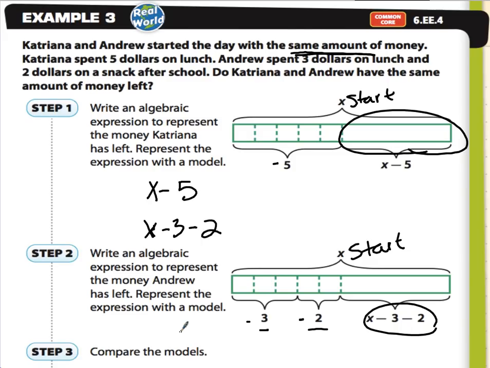So now if you look here, they end up spending the same amount of money. 1, 2, 3, 4, 5. 1, 2, 3, 4, 5. So even though they spent it in different ways, they ended up spending the same amount of money. So their models, even though their expressions look different, their models look exactly the same.